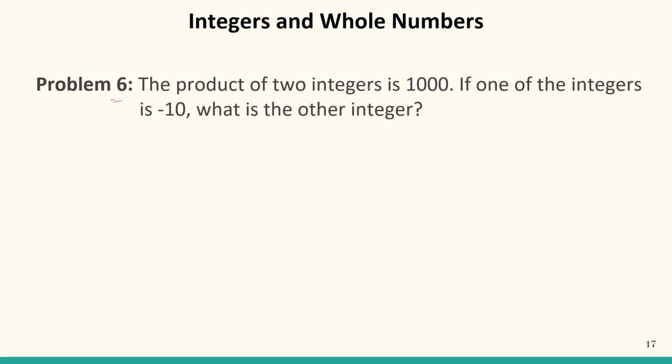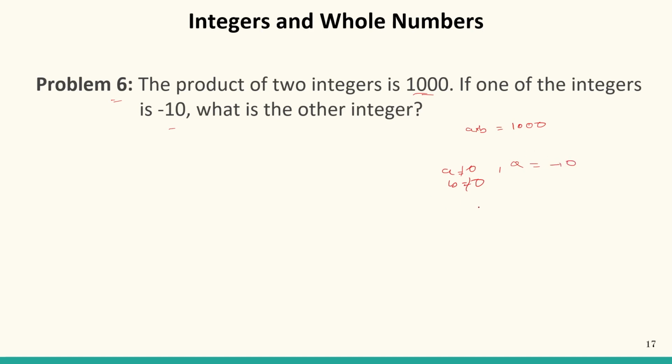So the product of two integers is 1000. So if one of the integers is minus 10, then what is the other integer? Okay, so given that a into b is equal to 1000, so we can guarantee that a is not equal to 0 and b is not equal to 0. But given that a is equal to minus 10, right?